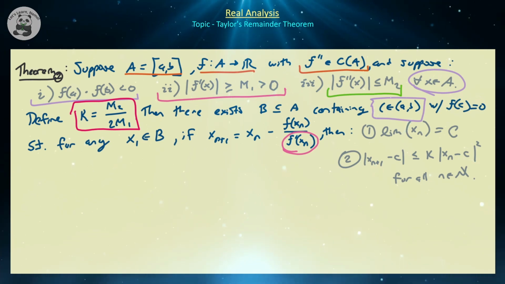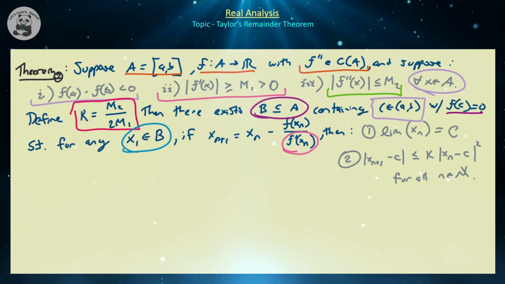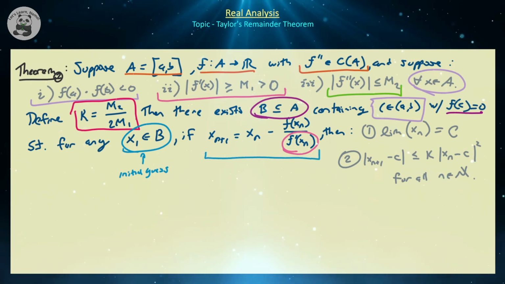Then there exists a subset of our domain, B, that contains our solution c, with f of c equal to 0, of course, such that for any x1 in that subset, which we call our initial guess for our iteration, like we did for the midpoint of our interval AB for our bisection method, if we define the iteration method x_{n+1} to be equal to x_n minus f(x_n) over f prime(x_n), then two things are going to be true.